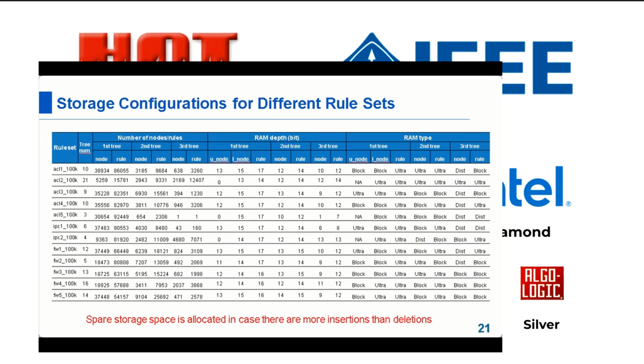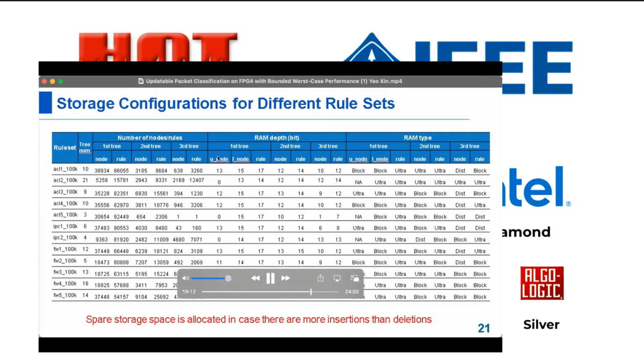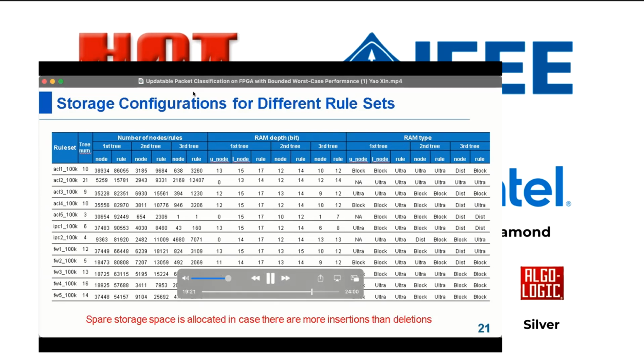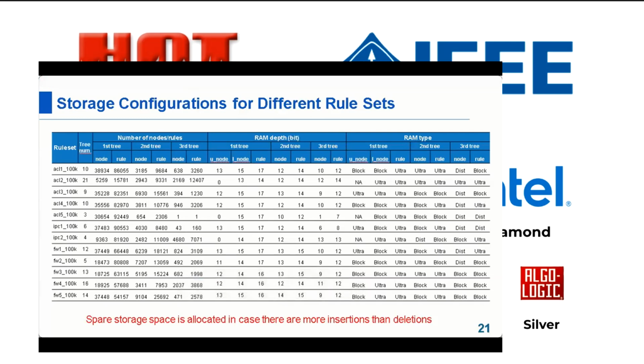RAM types include distributed, block, and ultra. Because our hardware architecture supports real-time rule updates, sufficient spare storage space should be allocated for the search tree in each PE in advance, in case there are more insertions than deletions during updates.